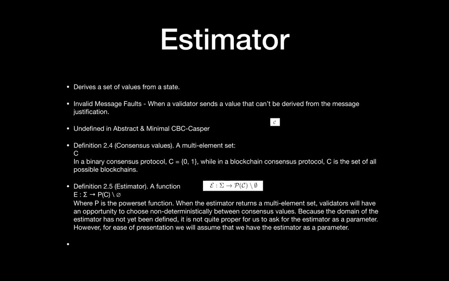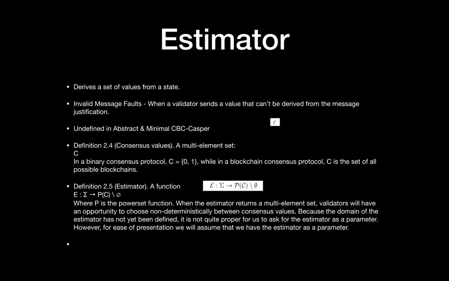Right. So the estimator as well is just a function. The value that you derive is based on the justification. You join and you keep getting messages, starting from the Genesis block, and then you keep getting the other blocks through messages that have justifications, and your state starts to progress.